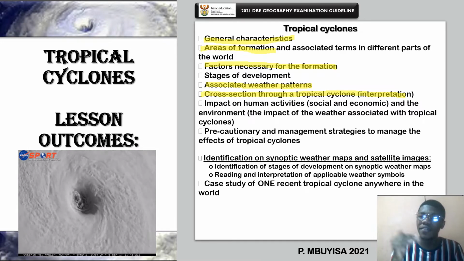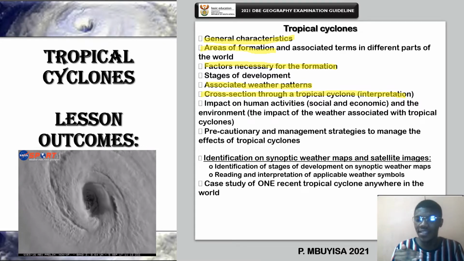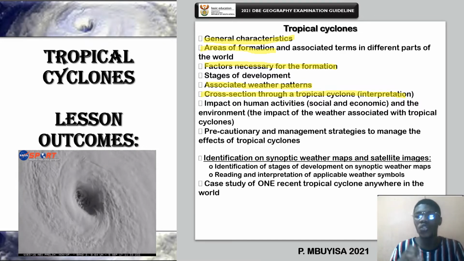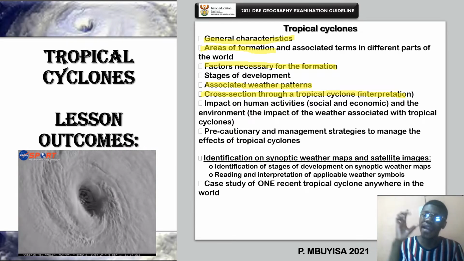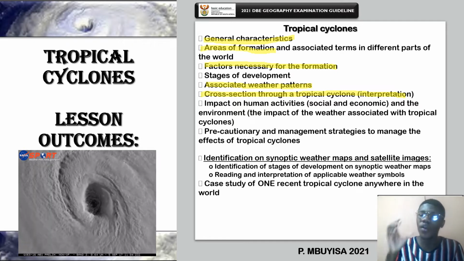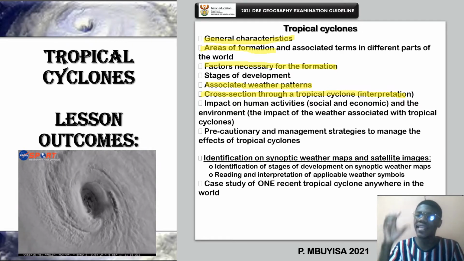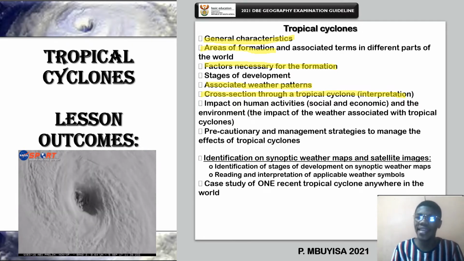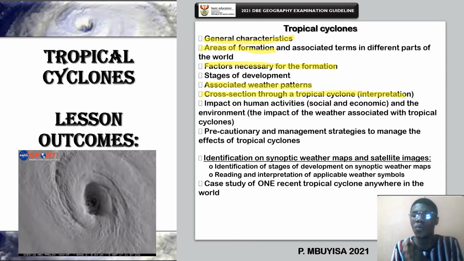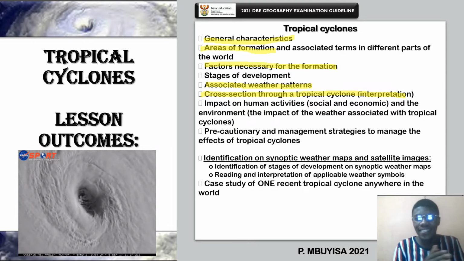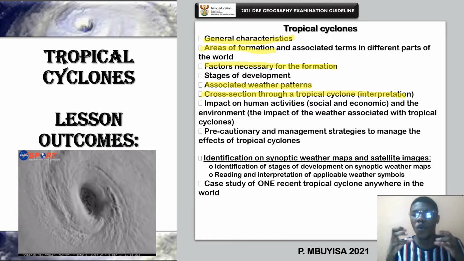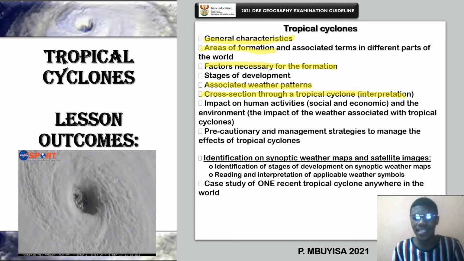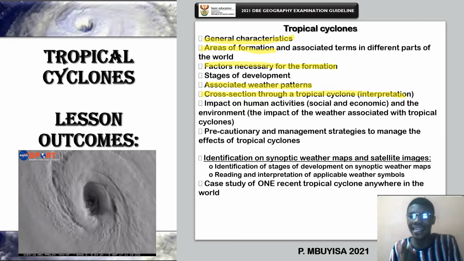So they form 5 degrees outside the equator to 30 degrees. And why do they form between those two regions? It's because we have the presence of the Coriolis force. So this Coriolis force is the force that causes the wind to be deflected, leading to the formation of our vortexes. Remember, a tropical cyclone has the first and the second vortex.